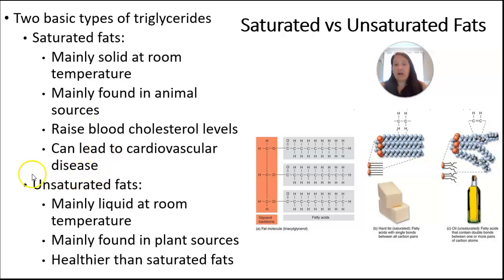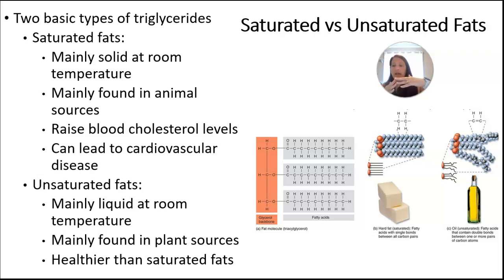On the flip side, unsaturated fats, they're going to be different. And so if you look at this molecular structure here, and right above it, you can see that there's 2 lines between these carbon atoms. And so unsaturated fats have more what we call double bonds in the fatty acid chains. And those double bonds create these kinks, these bends in those fatty acid chains.